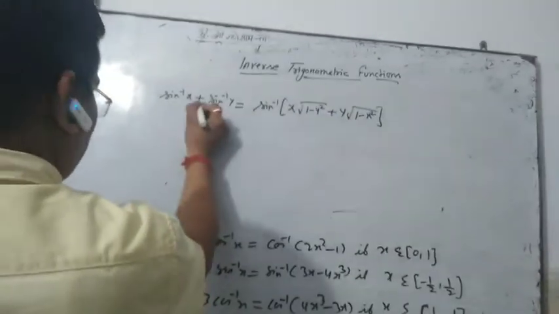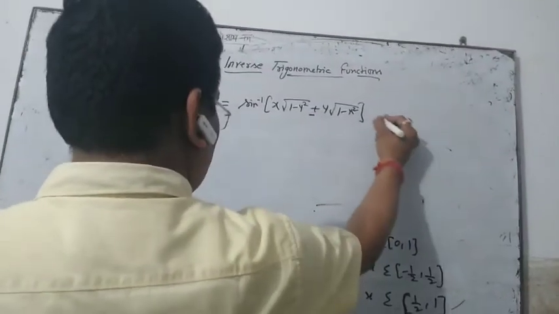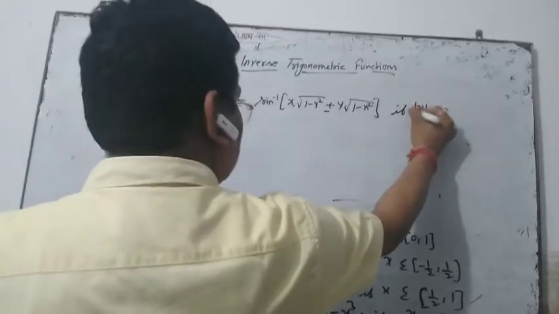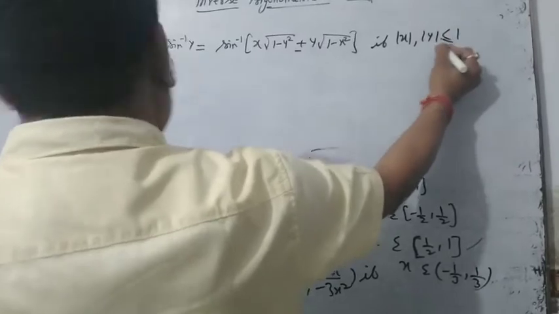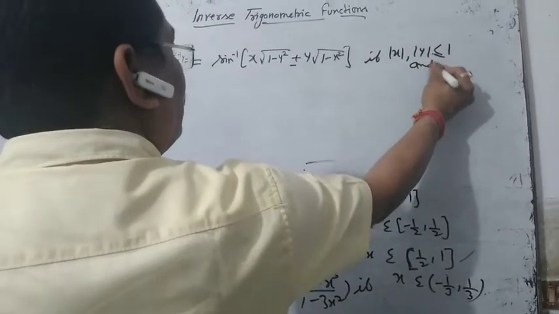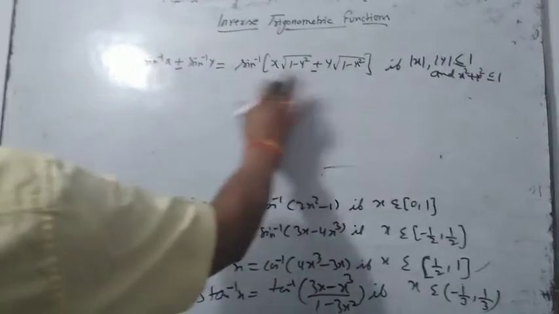If plus then plus, if minus then minus. Here, if mod of x comma mod of y is less than or equal to 1 and x square plus y square is less than or equal to 1, you can use this formula.